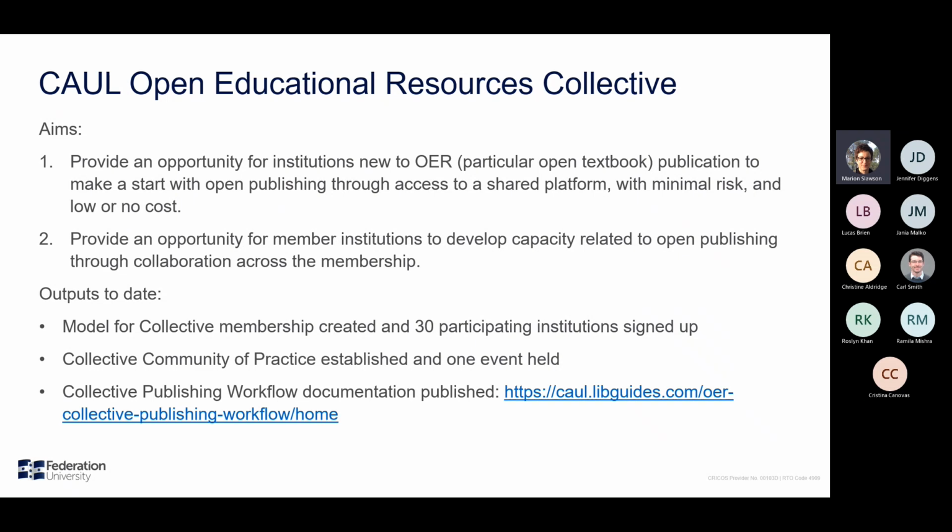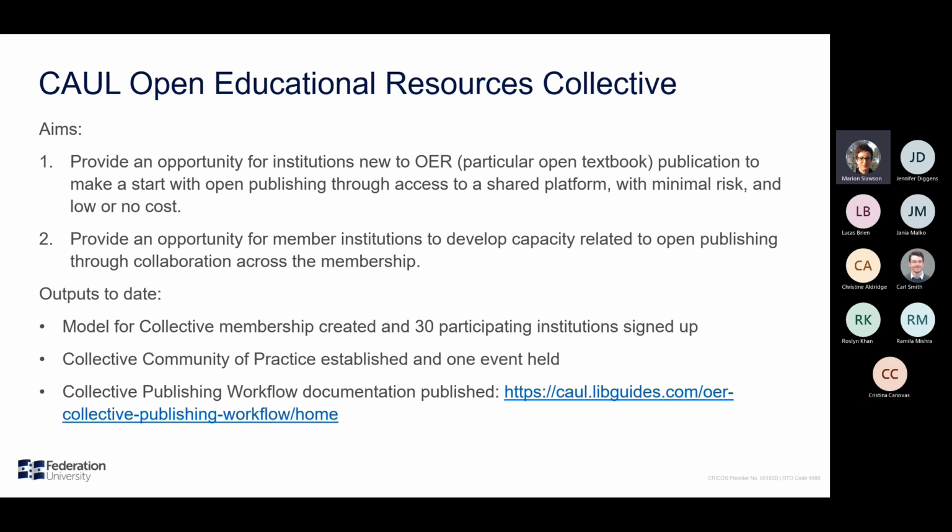So Call has purchased an instance, so a license to Pressbooks, which is an open textbook publication platform, which a couple of institutions have their own version of. RMIT is one, I think University of Southern Queensland is another. But it is an expensive thing to invest in, so a lot of institutions can't afford to do that.